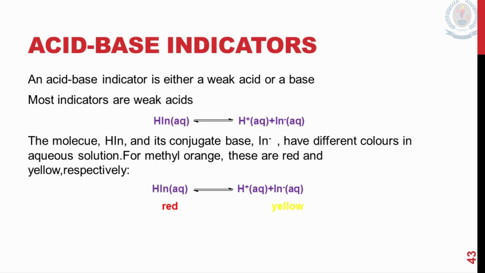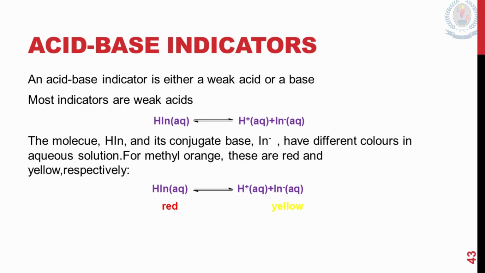So now let's look at what these indicators are. What is the theory behind the indicators? An acid base indicator is either a weak acid or a weak base. Most indicators are weak acids. This is the common general equation of an indicator.